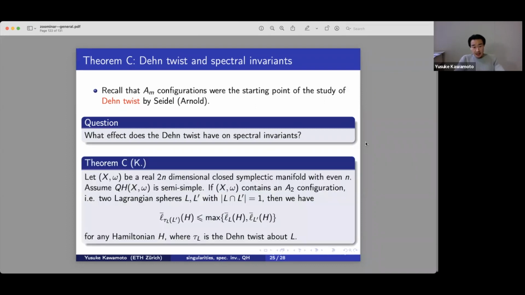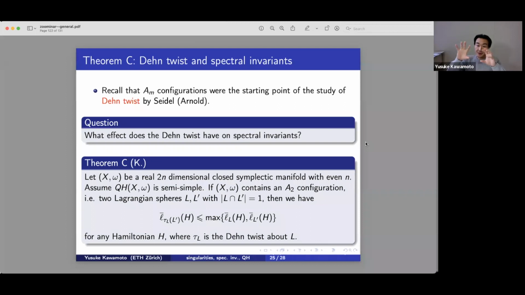And the statement is that basically it reduces the spectral invariant. The precise statement is that, once again, same setting, you have a closed symplectic manifold whose quantum cohomology is semi-simple. Now suppose you have two Lagrangian spheres forming an A_2 configuration.